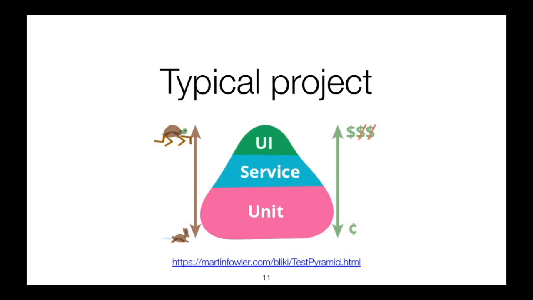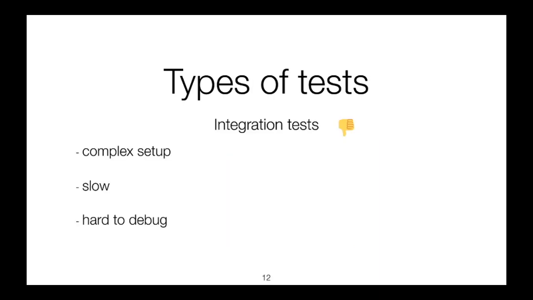So let's have a look once again at what is actually so painful about integration tests. The complex setup is a complex problem, and it's very particular to a particular project, so we're not going to talk about that now. But the other two are, in part at least, imposed by the tools we're using to write and run those tests.